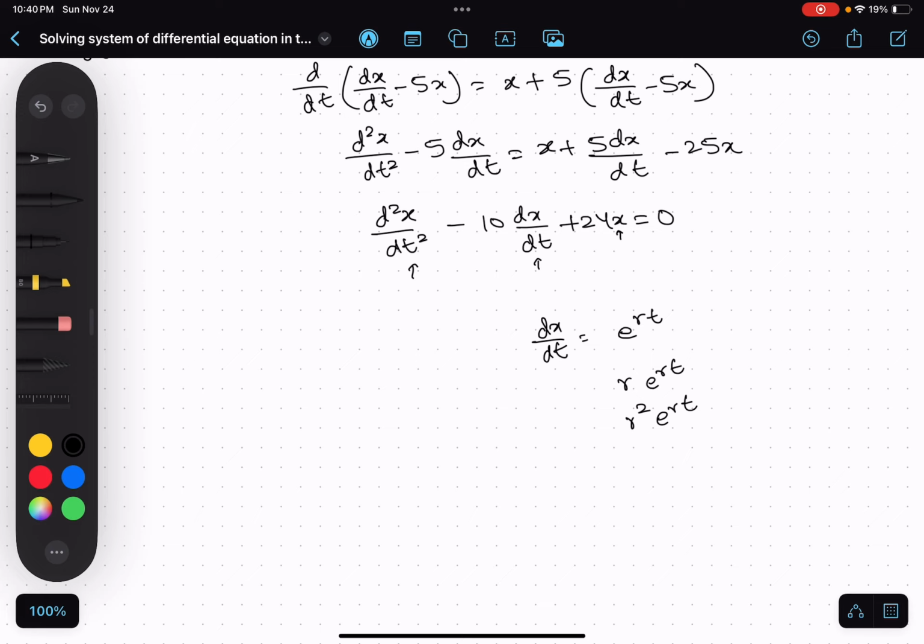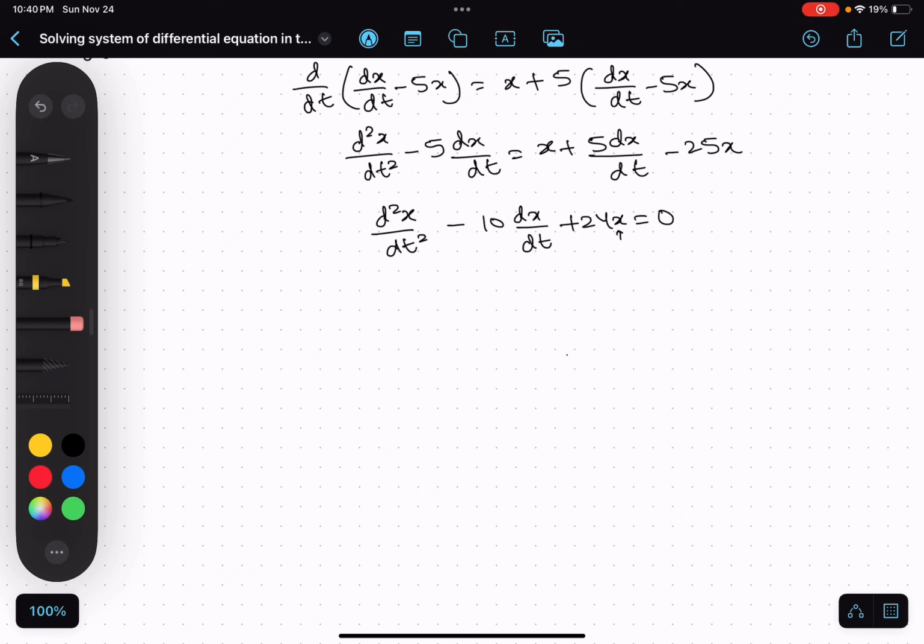So that's our idea, and that's why we assume the solution is exponential. I mean to say x is e to the power rt, sorry, I wrote differently than what I was telling.